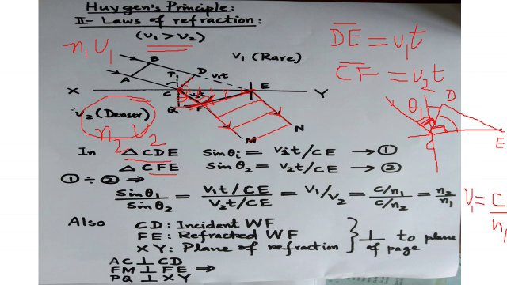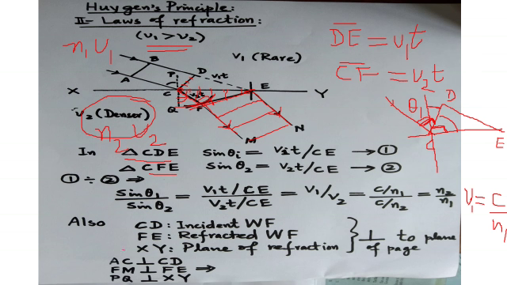What is AC? AC is the incident ray, which is perpendicular to this incident wavefront CD. What is FM? So FM from here, this is the refracted ray in the second medium, which is perpendicular to this refracted wavefront FE. And likewise PQ, which is the normal to the interface XY, this is perpendicular to it.